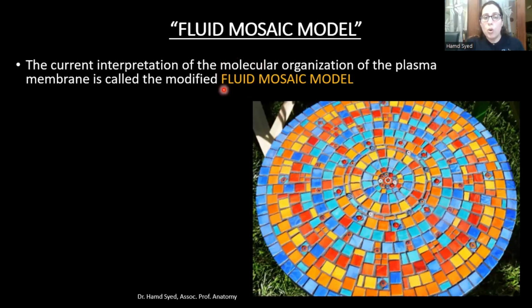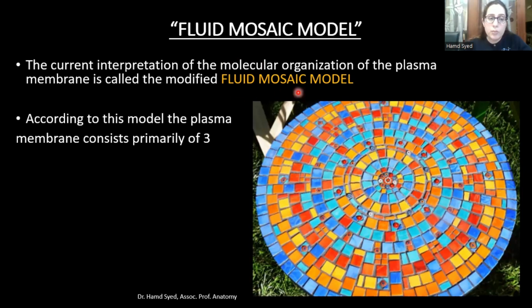And why is it called a fluid model? Because different advancements in research have shown us that the molecules which make up the plasma membrane are not static, but they tend to move and shift in their position because the plasma membrane is a dynamic structure. So this is why it is known as the fluid mosaic model.